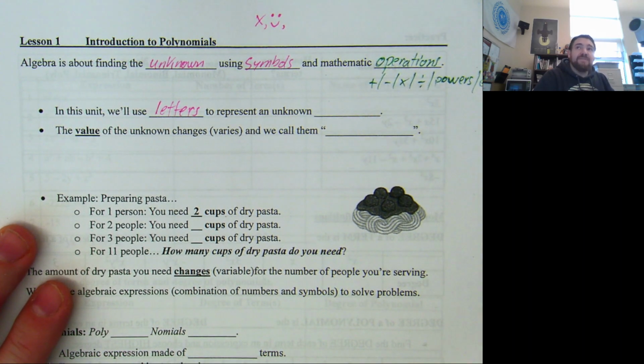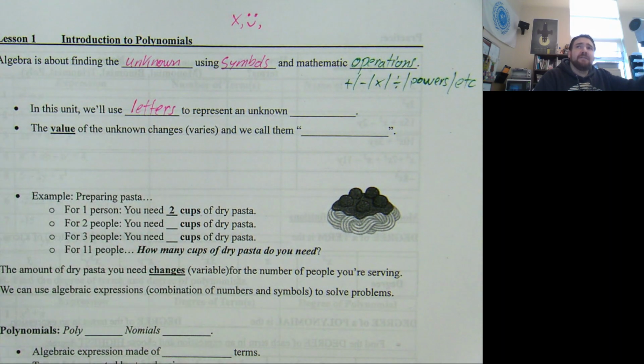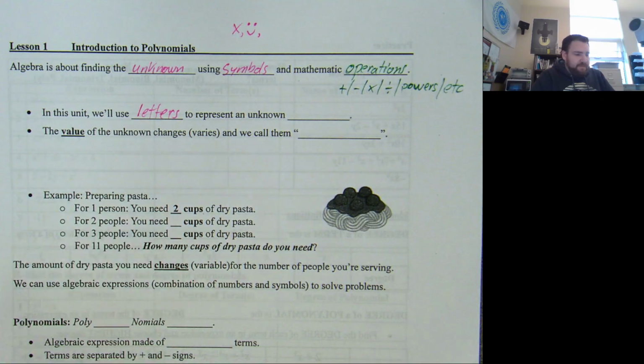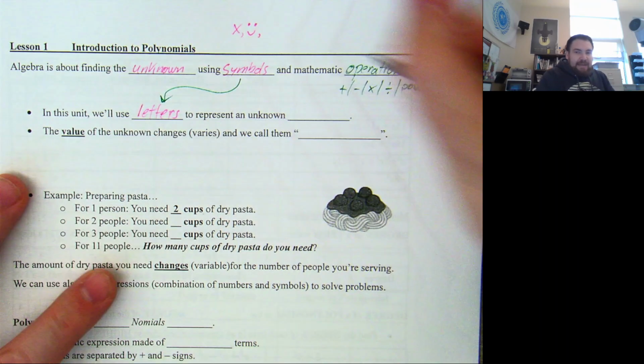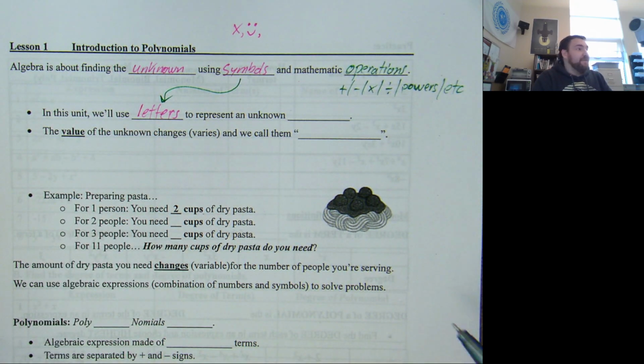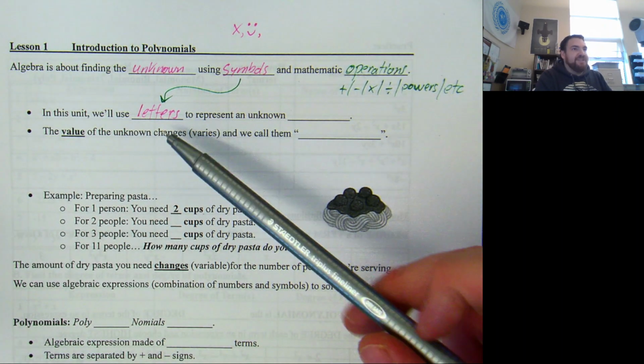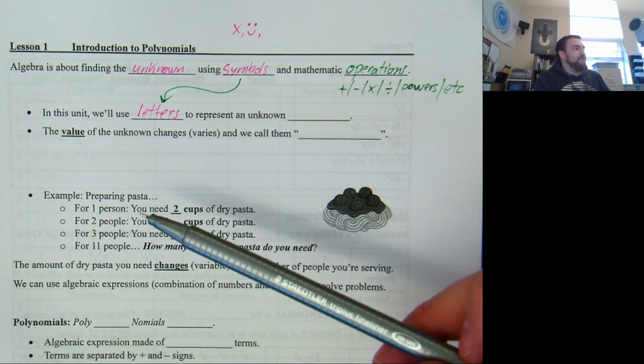There are many more that you haven't seen yet. In this unit, those symbols are going to be letters. In my mathematical career, I used lots of different letters. I've blasted my way through the English alphabet, the Greek alphabet. I've used half the Hebrew alphabet. Sometimes you just need more letters, more symbols for things we don't know.